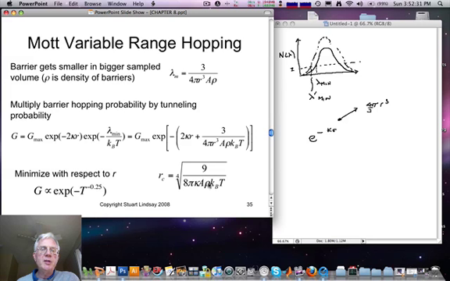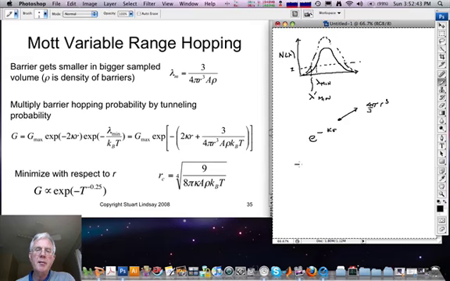If one substitutes this back into this expression for the conductance, in the first term you have a minus 2 kappa r, so this is like minus 1 over T to the 1/4, which is therefore like minus T to the minus 0.25. In the second term, you have a 1 over T to the 3/4 times T. This then gives you again a term in minus T to the minus 0.25.